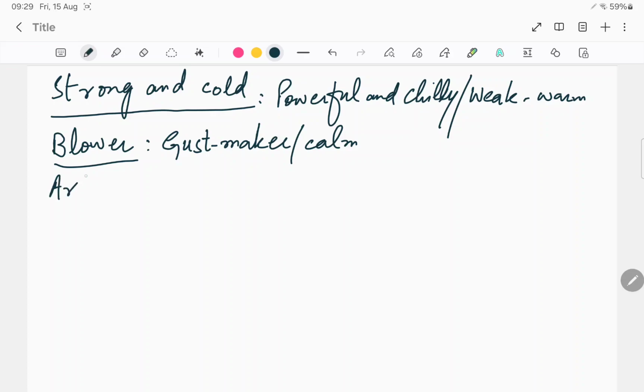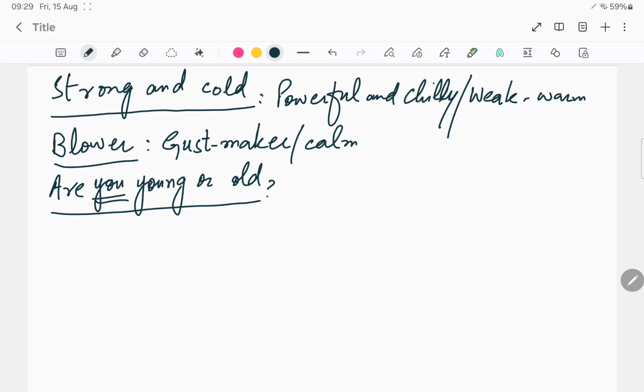The next is, are you young or old? So here actually, if you remember the poem itself, the poet or the young boy who is narrating this poem is asking the wind, and this you is actually used for the wind, and the narrator is asking, well, are you young or old? Stronger than me, because he is himself a young child.